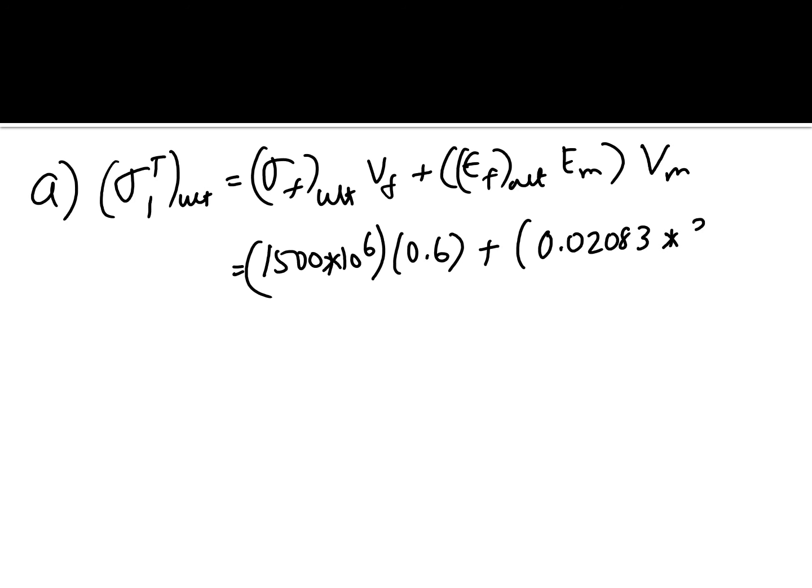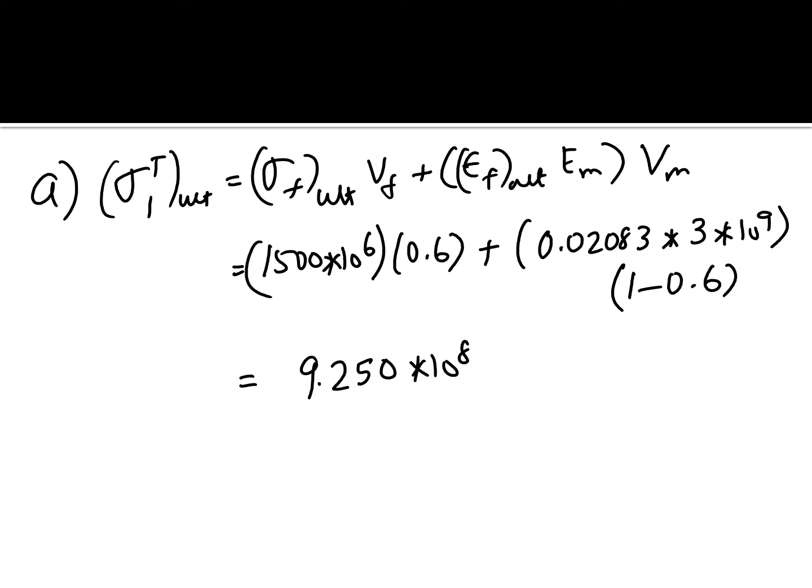And then the Young's modulus is 3 gigapascals. And what is the volume fraction of the matrix? It will be 1 minus 0.6, because 0.6 is the volume fraction of the fiber. So subtracting that from 1 gives us the volume fraction of the matrix. And this number turns out to be 9.250 times 10 to the power 8 pascals, which in megapascals is 925 megapascals. That gives us the ultimate tensile strength of the unidirectional lamina, longitudinal, parallel to the fibers.